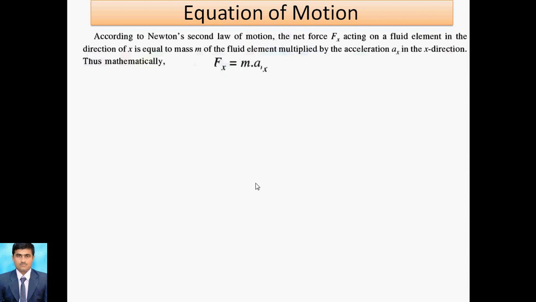Here Fx is the net force acting on the fluid element in the x direction, m is the mass of the fluid, and Ax is the acceleration in the x direction. That is called Newton's second law of motion.